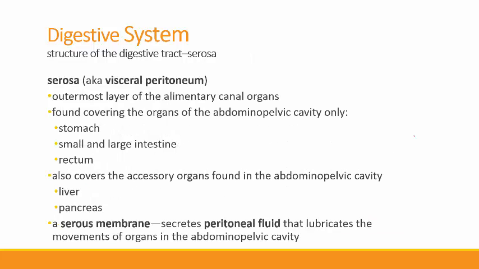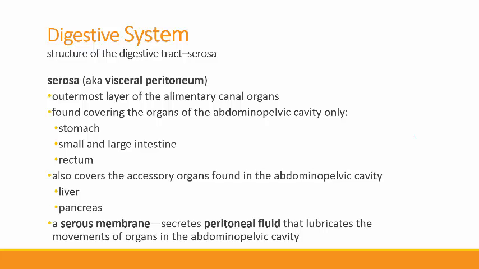Then the last of the layers is the serosa, and again, this is also known as the visceral peritoneum, and it's the outermost layer of the alimentary canal organs. It covers all of the organs in the abdominopelvic cavity.